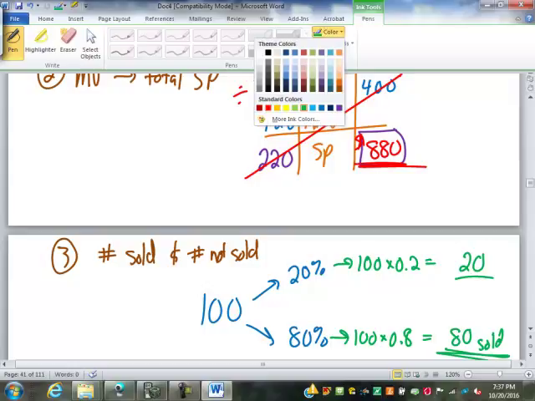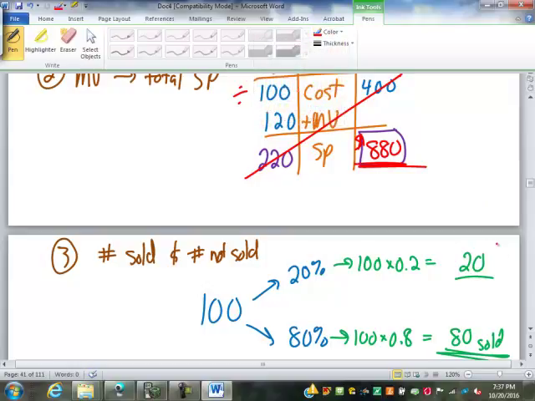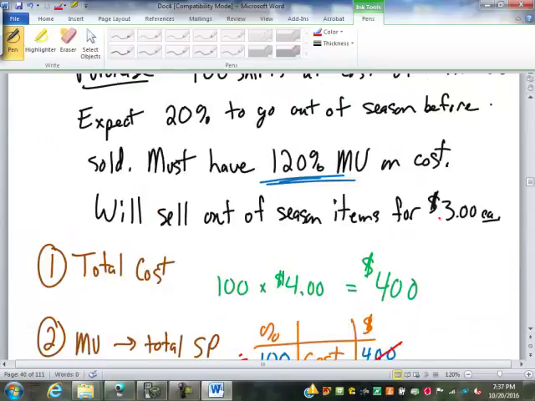Why do we now all of a sudden care about the 20 that are not sold? Yeah, they're going on the clearance rack, $3 each. And we are assuming that we will get $3 each. Most of the time, like I said, that clearance rack is either the items have been bought back, so it's not even the store's items anymore, so they're getting whatever they can out of them.